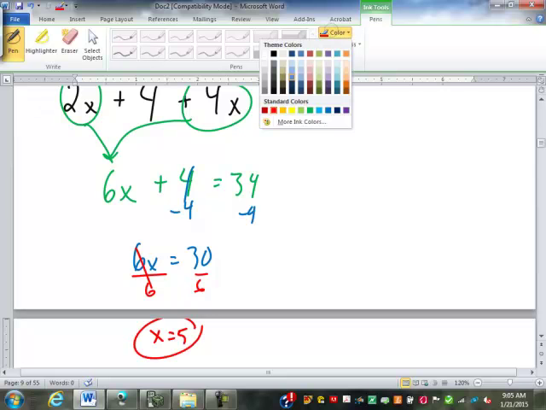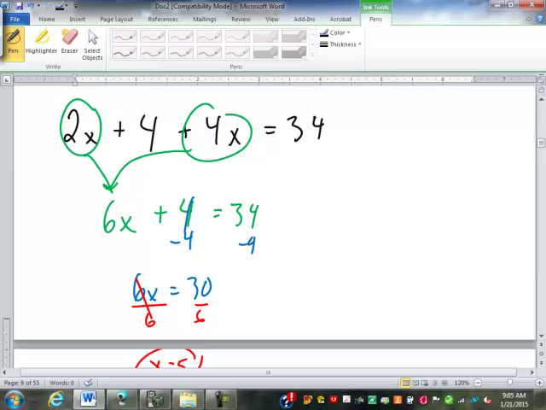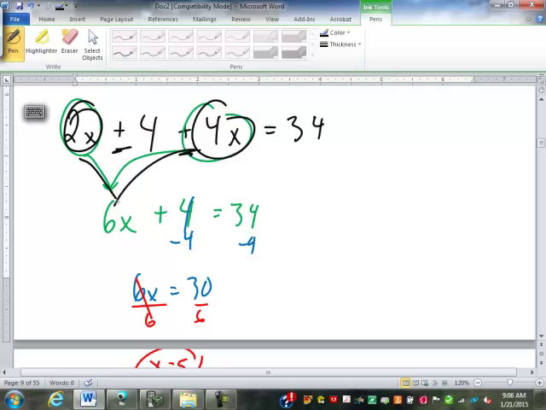But you're like missing something. Something seems wrong because there's 2 addition signs over here. Yeah. But when we combined the 2x and the 4x, one of them's gone. Because remember, all this here means is that this is a positive 4 and that this is a positive 4x. Oh.